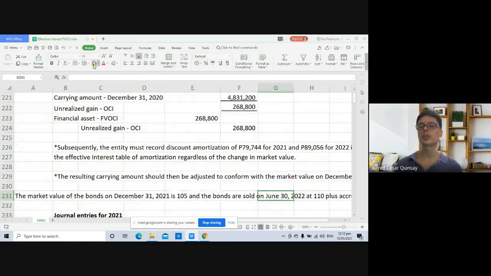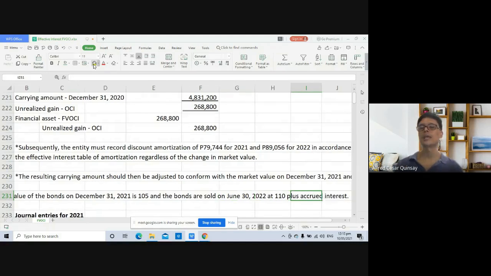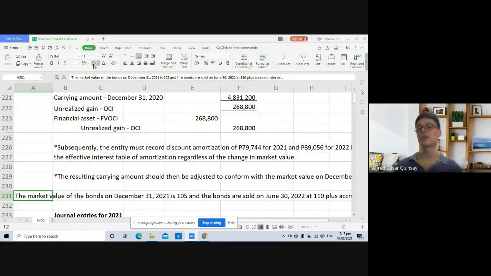Okay, June 30, 2022 at 110 plus accrued interest. So in other words, dito sa June 30, magko-compute tayo ng amortization as of that date, no? Okay, para makuha natin yung carrying amount ng bonds. Pero yung selling price niya at 110 would be 5 million times 110.